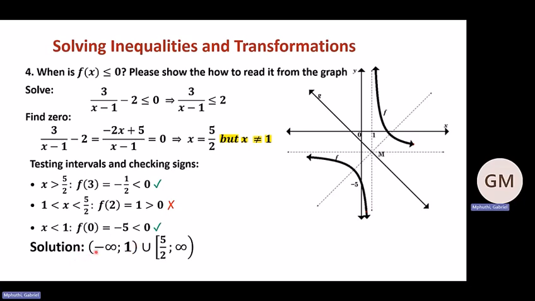Here we have round brackets because minus infinity we don't know, it is excluded because it goes on and on. 1 is excluded, it does not form part of this, because we're looking at all values less than that. But for 5/2, because here they say f of x less than or equal to 0, we have shown that our function equals 0 when x equals 5/2. That is why we have a square bracket there, which shows that it is included.